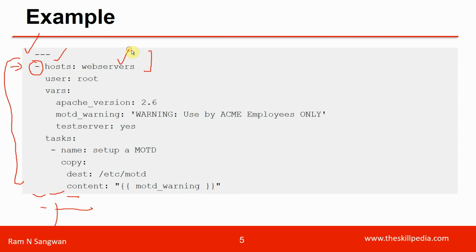It will run on web servers, whether it is a group or an individual machine name or whatever, it will run on that. This is the user section, I mean in the target section, where we specify the username. This will be run as a root user. Of course, you need to specify a password if you don't have key-based authentication.